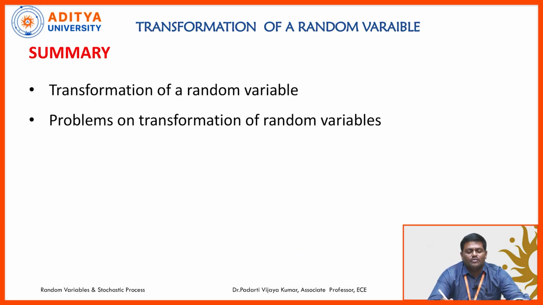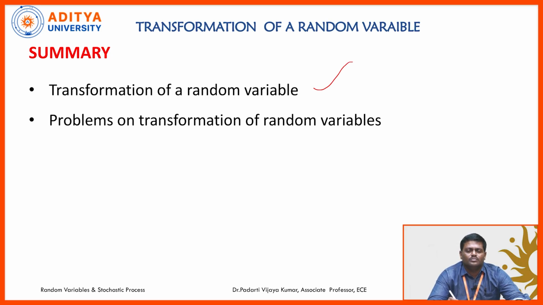So in this session what we have seen is the need of transformation in many practical scenarios where we need to transform one random variable to another random variable, and also the different transformations that are possible: monotonic increasing, monotonic decreasing, and non-monotonic transformation.